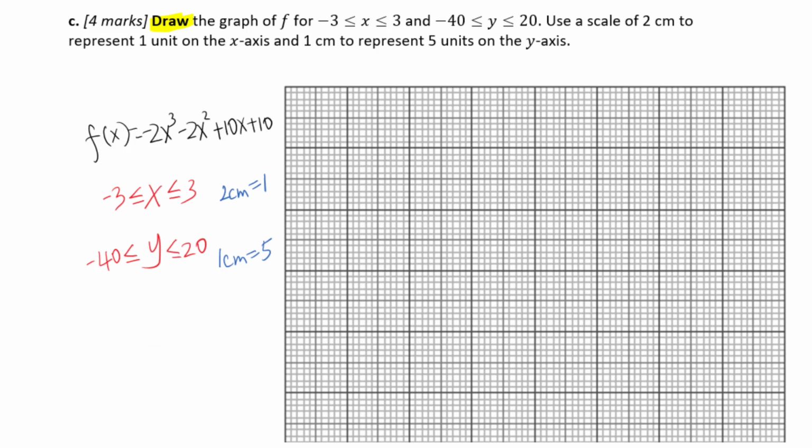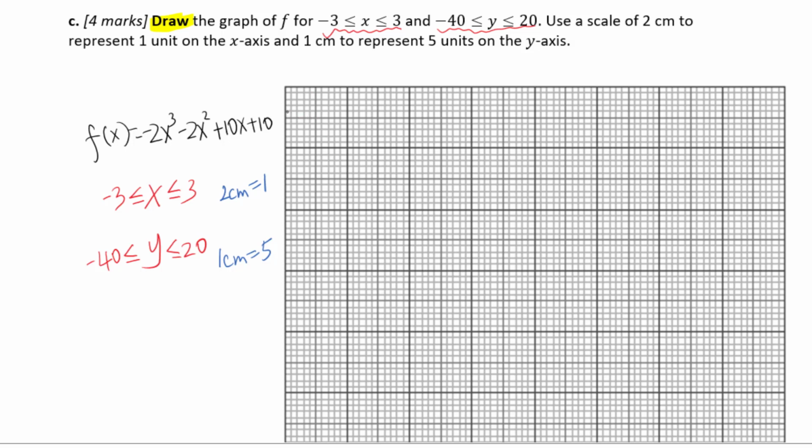Now let's go back to say again. You are given this window, x greater than or equal to -3, less than or equal to 3, and y greater than or equal to -40, less than or equal to 20. 2 centimeters to represent 1 unit on the x-axis.